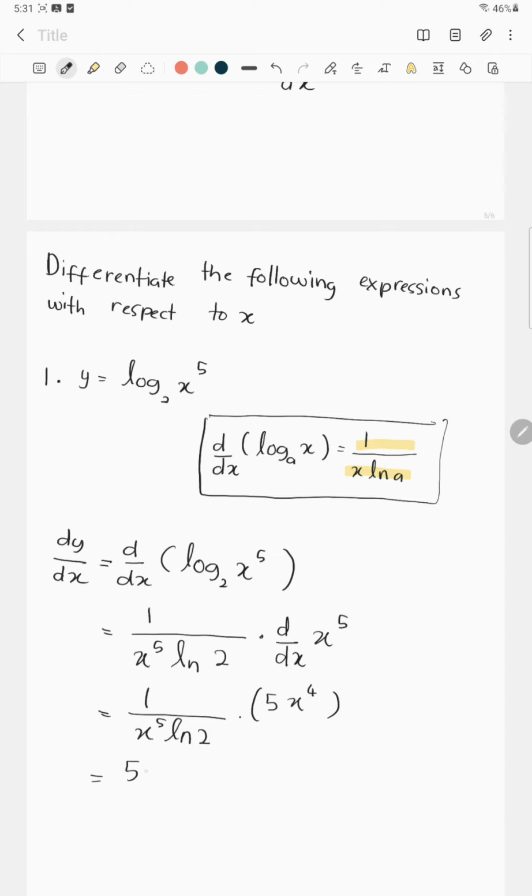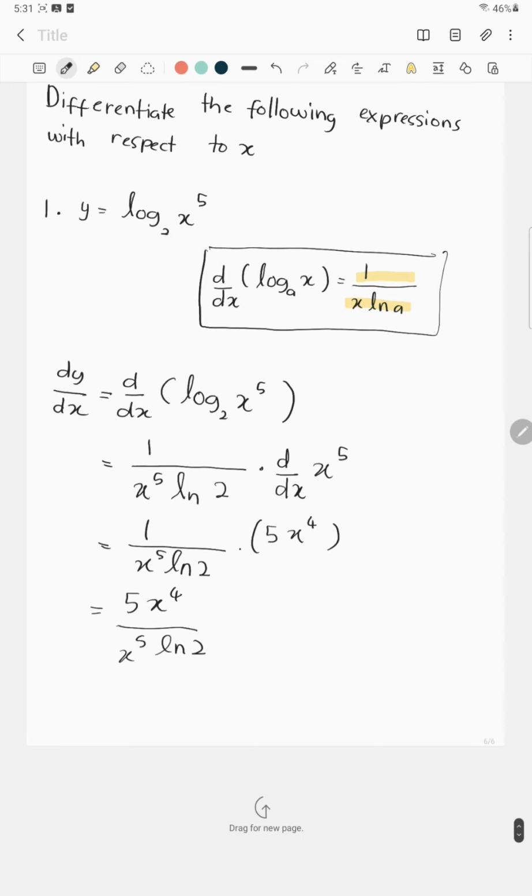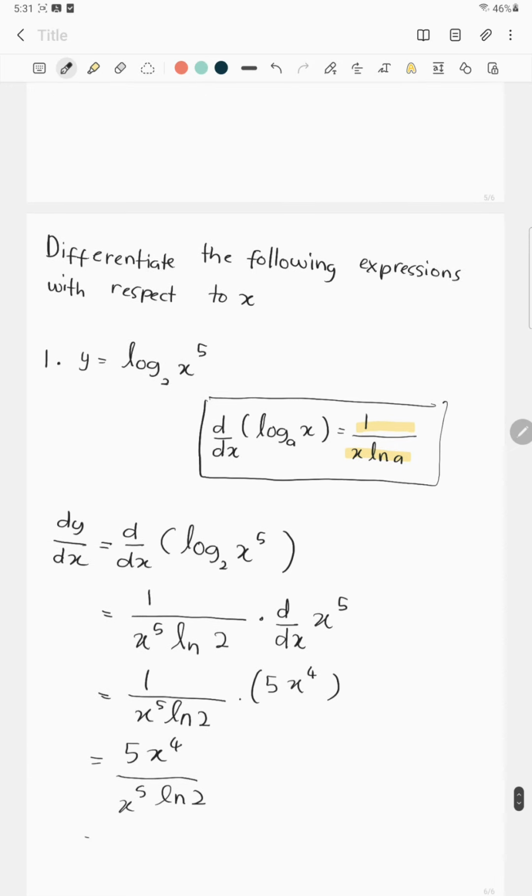Make it in the simplest equation: x power of 4 can be eliminated with the x power of 5, at the denominator only x is left.